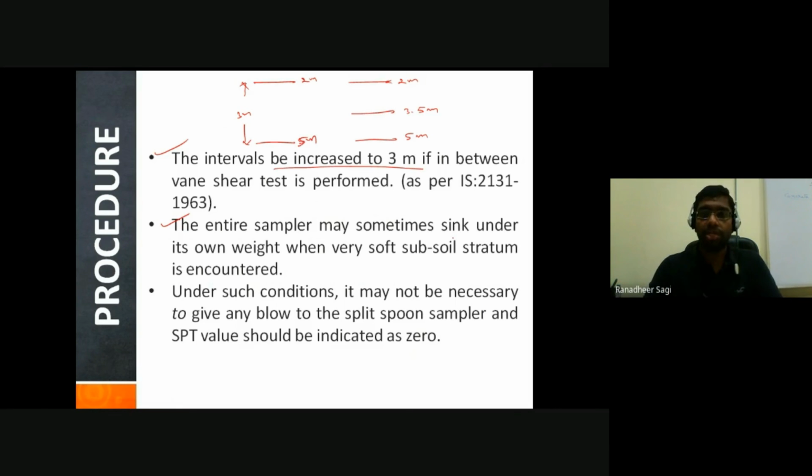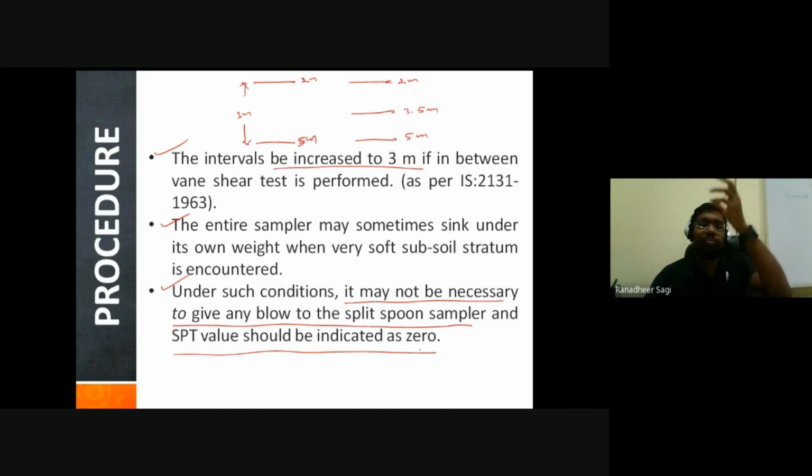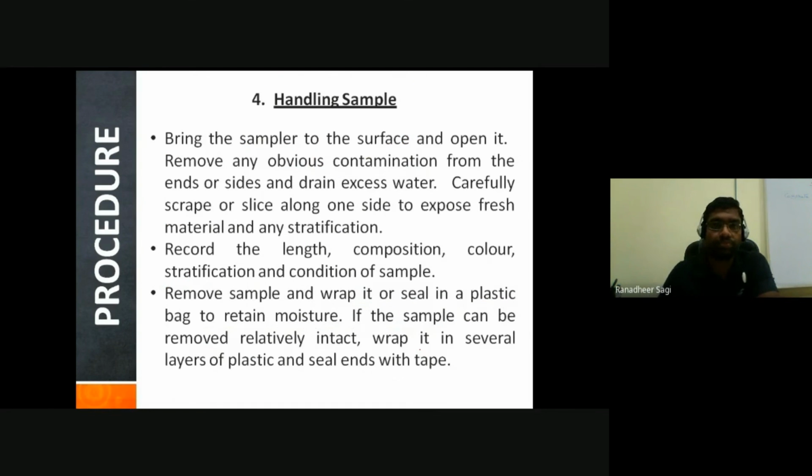That could happen because the soil is very, very soft in such a condition. In such a case, it is not possible to conduct the SPT test on such soil deposits. Under such conditions, it may not be necessary to give any blow to the split spoon sampler, and the SPT value should simply be indicated as 0, because even without a single blow, your complete split spoon sampler is getting penetrated into the soil strata.